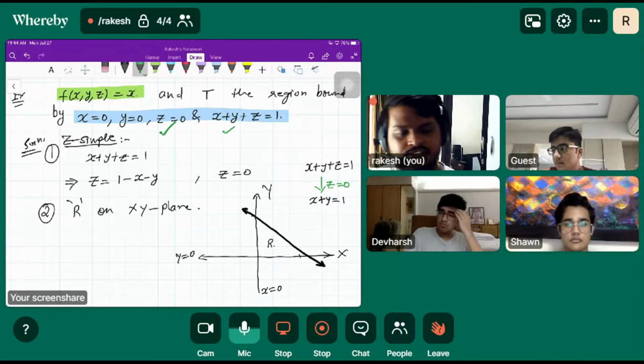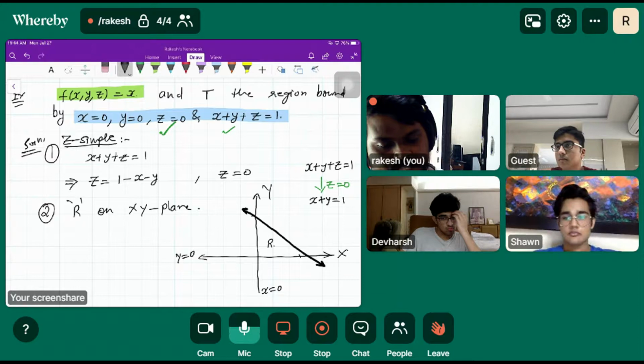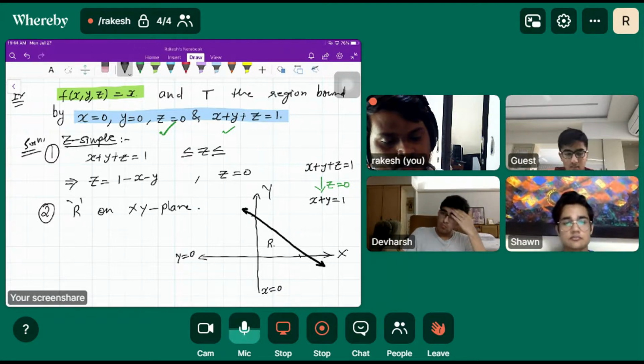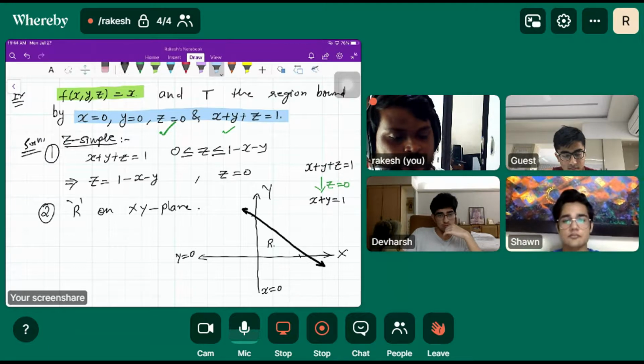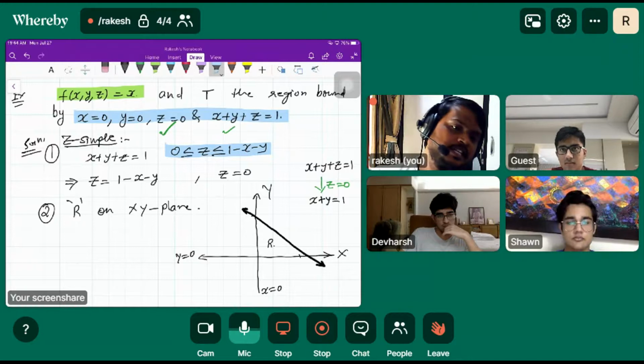Let's understand properly here again. Our z is between two things: 0 and 1 minus x minus y. How do we know that the lower limit is 0 and the upper limit is 1 minus x minus y?